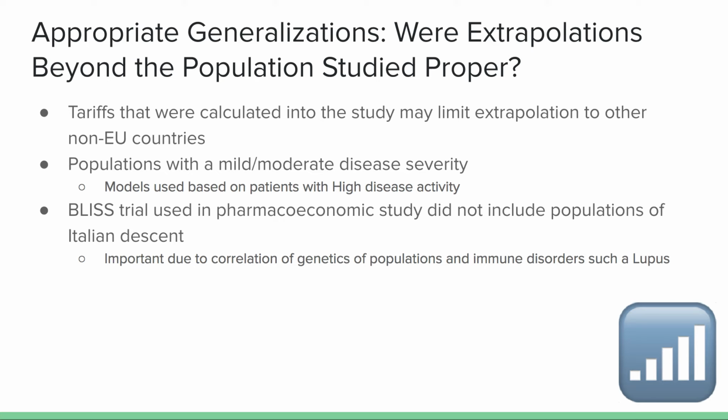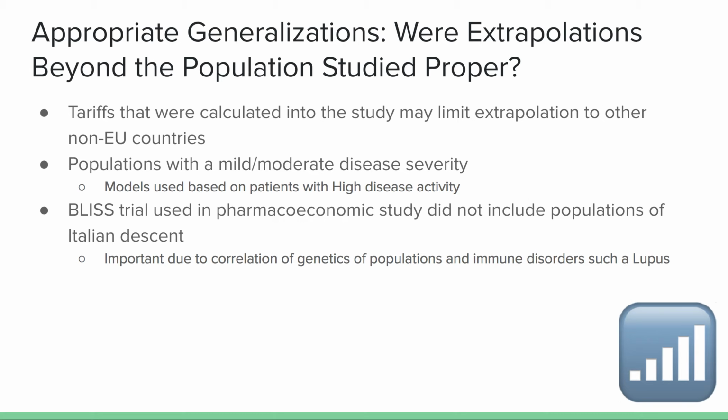And now we'll talk a little bit about generalizations. So overall, not many generalizations are made in the study. However, we would not be able to generalize cost results to other countries since the study is specific to Italy and they use specific tariffs and the patient access scheme that are specific to that country.